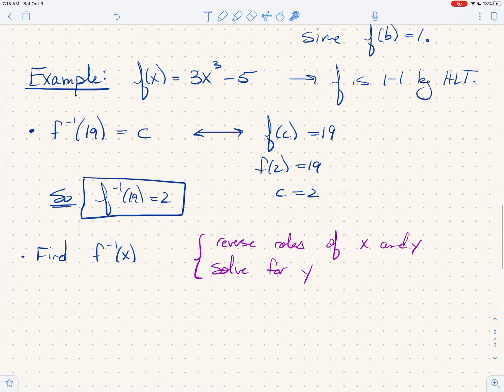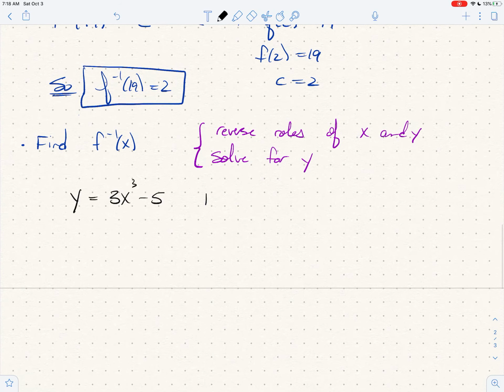I'm thinking of f of x as y, and so I have y equals 3x cubed minus 5. I haven't done anything yet. I'm going to reverse the roles of x and y, so I'm going to write this as x equals 3y to the 5th minus 5. Now I've done the first part. That's just quite literally switching x's and y's. And then I want to solve algebraically for y.